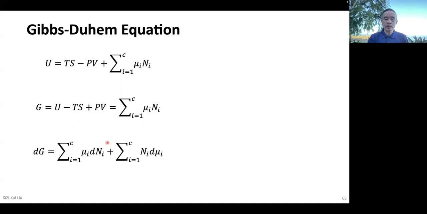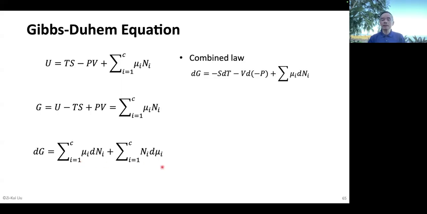Now we have two terms. It's dN_i, the first differential of the N_i, and then the differential of the mu_i, the chemical potential. But we also know from the combined law that dG equals minus S dT plus V dP plus the summation mu_i dN_i.